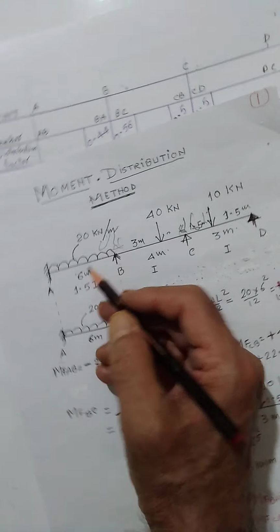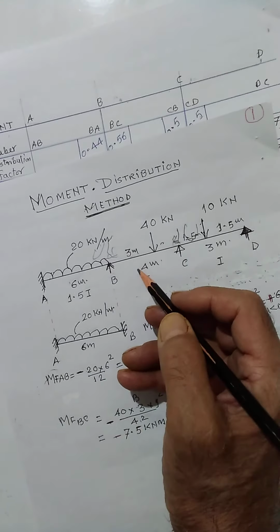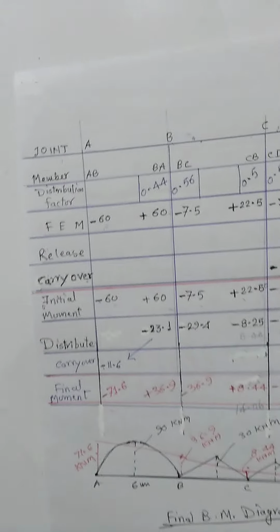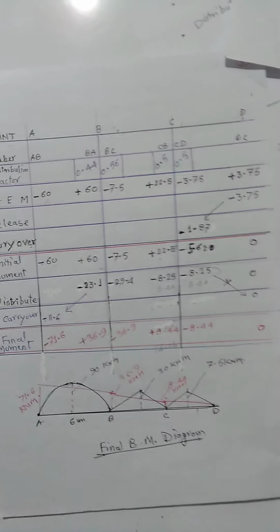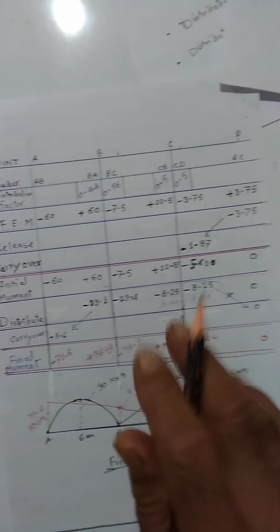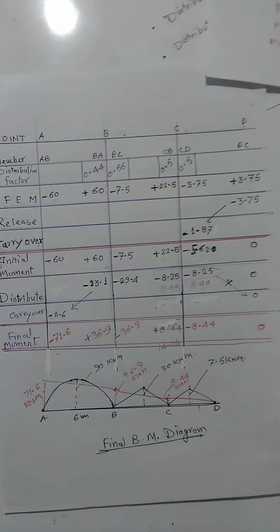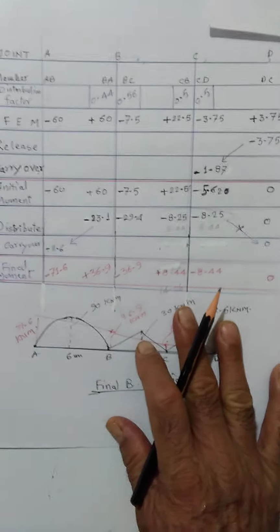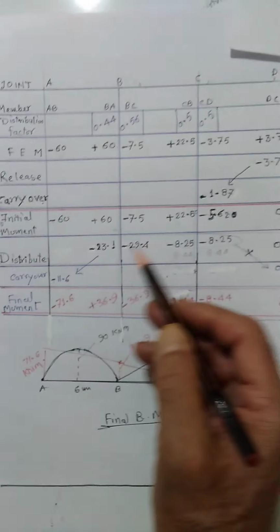If this is clockwise plus, then this should be minus with the same value and change in nature. BA is plus, BC must be minus, but the magnitude must be the same. Until that happens, we have to keep carrying on the iterations.